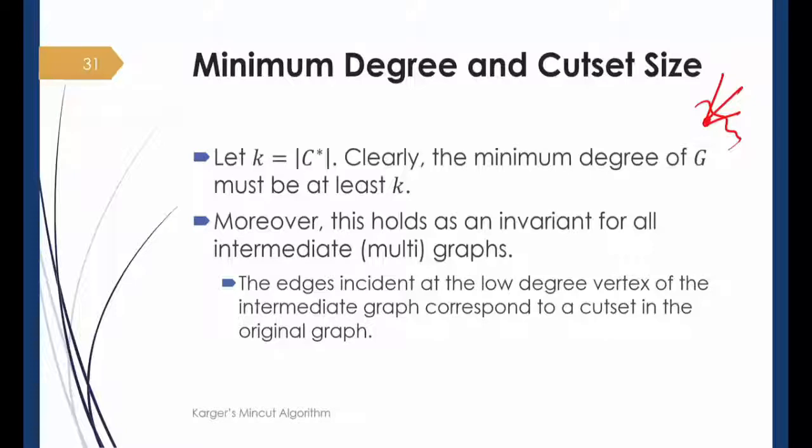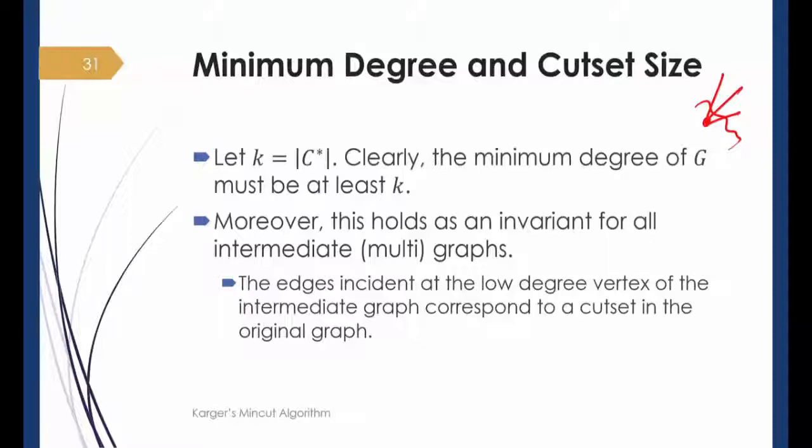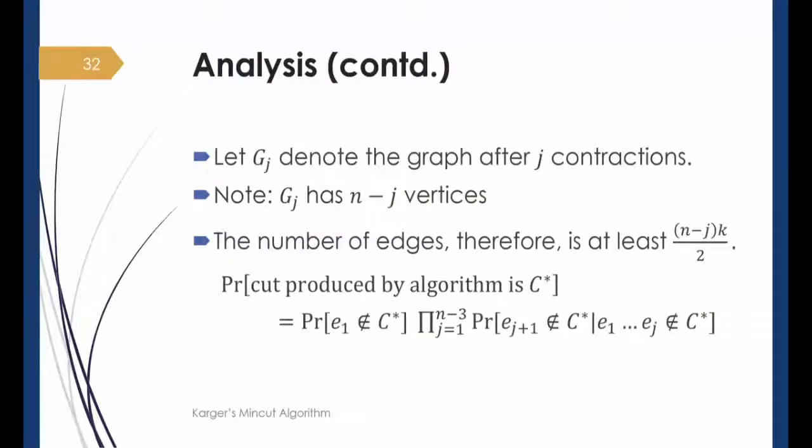So the supernode with degree less than k can be put on one side, and all other vertices on the other side, and the cut set that induces will be of cardinality less than k, and that will contradict the assumption that k is equal to the cardinality of a minimum cut set.